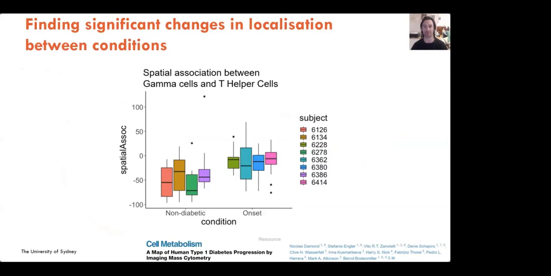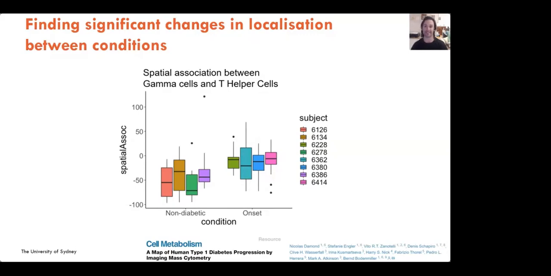Specifically, we have a box plot of measures of spatial association between gamma cells and T helper cells in both non-diabetic individuals and individuals that have recently developed diabetes. On the y-axis, our measure of spatial association is the area between the L function and its diagonal line. So positive values indicate that cells are localizing towards each other, and negative values means they're avoiding each other.